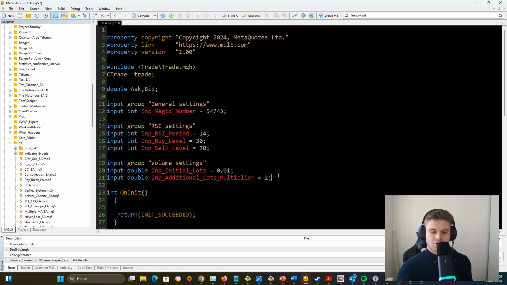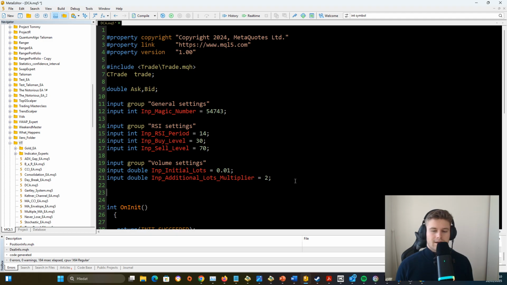The third position will have 2 times the previous lot size, which is 0.04, then 0.08, and so on. I think you get the idea. If you don't want to increase the lot size, which can also be the case, I can just turn this to 1 and it will work like that. So let's leave it at 2 for now.